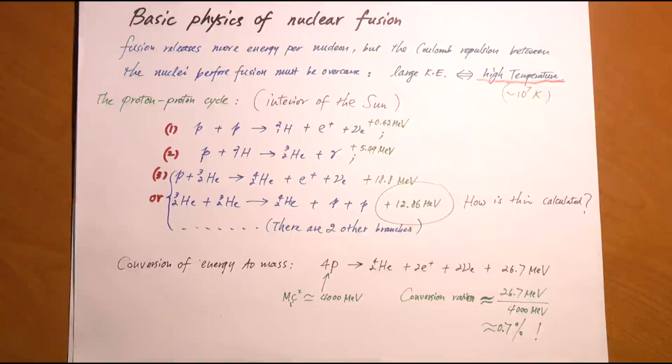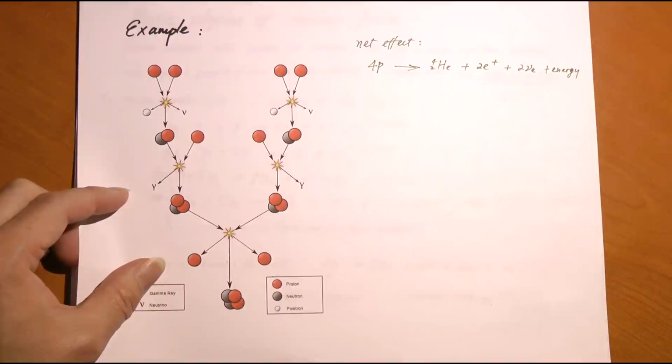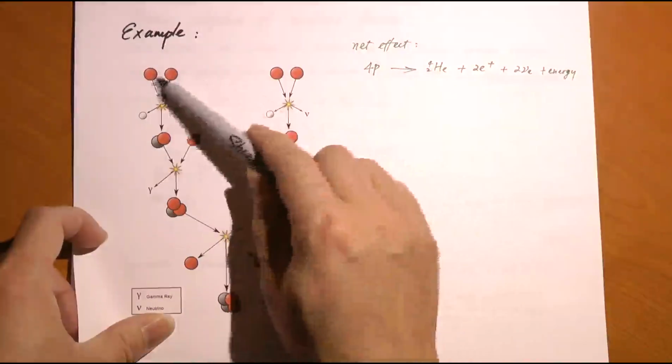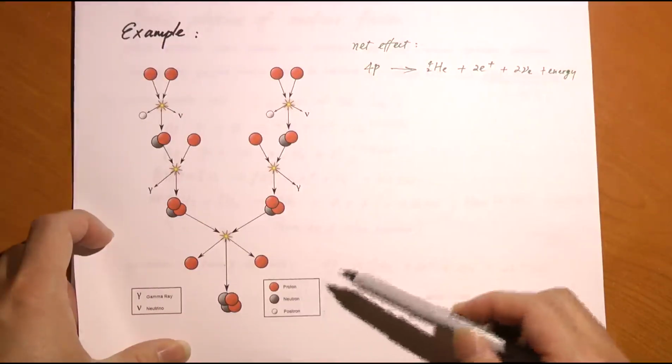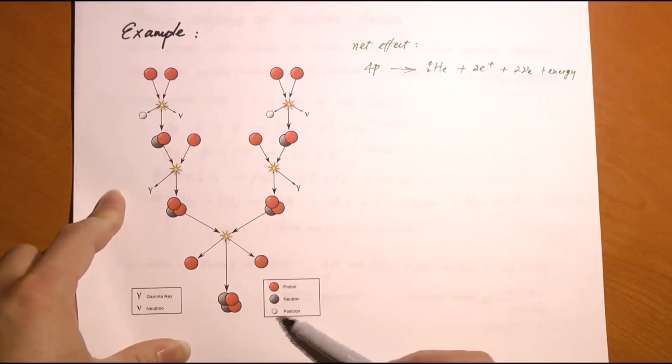Here is a diagram for this proton-proton cycle, at least one branch. It is an illustration of this one branch. We start with 2 protons. The red ones are protons, the gray ones are neutrons, and the little ones are positrons.